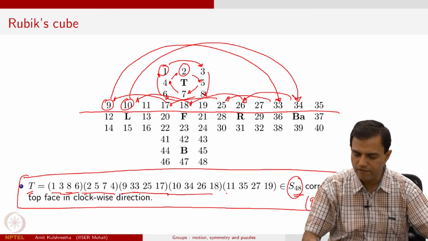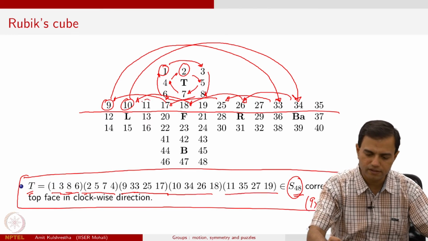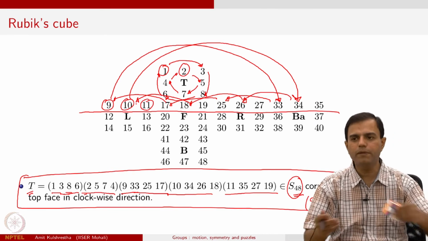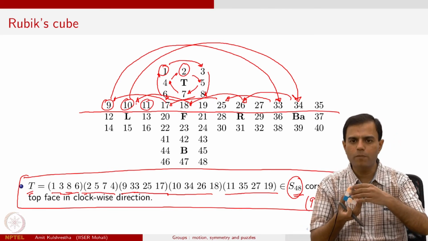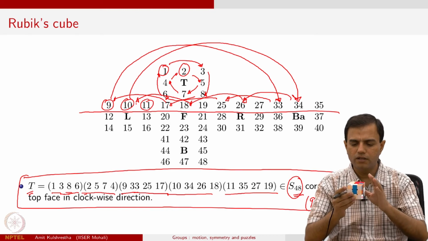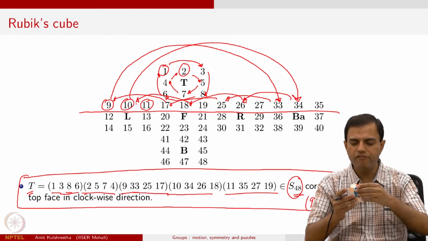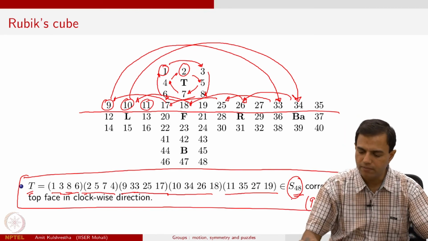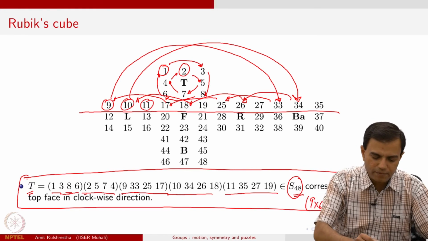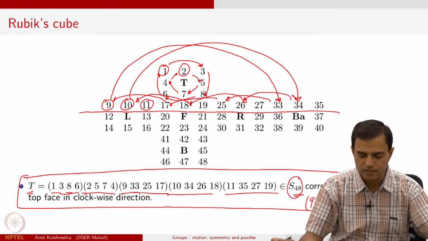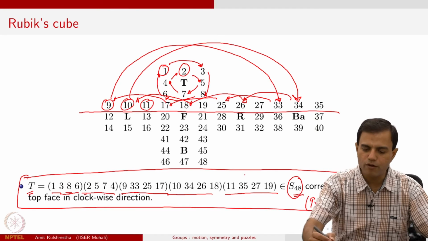Similarly you have 11. So the permutations happen only at the top level, but except the bottom, every other face is affected by some permutation. This is a typical element, and it represents rotating the top face in the clockwise direction.